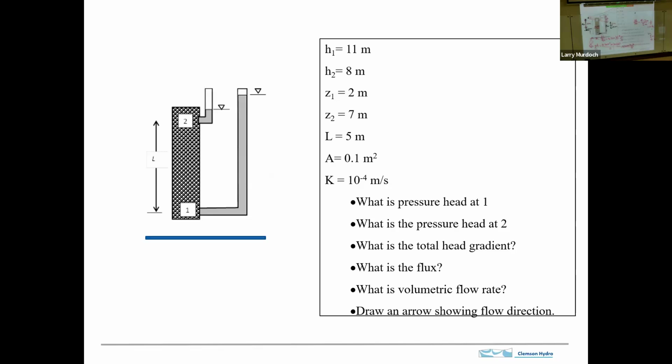So why don't you try this one? Did everybody break this down? Okay, all right. So go and work through this one on your own, and then we'll check it out.